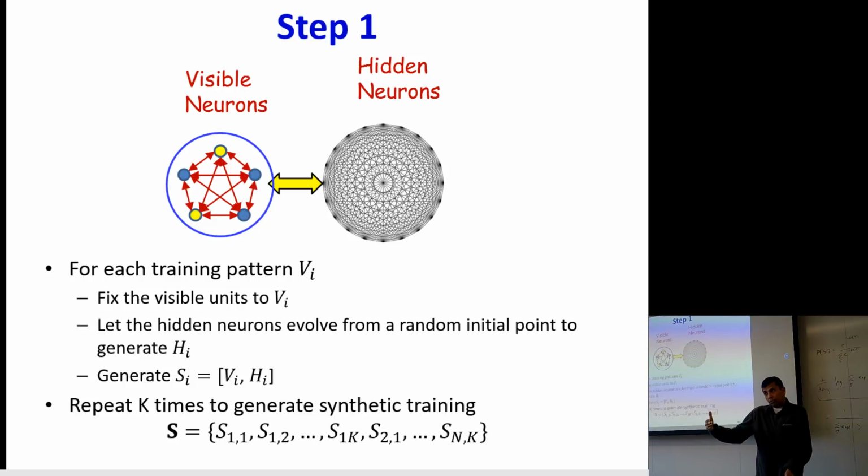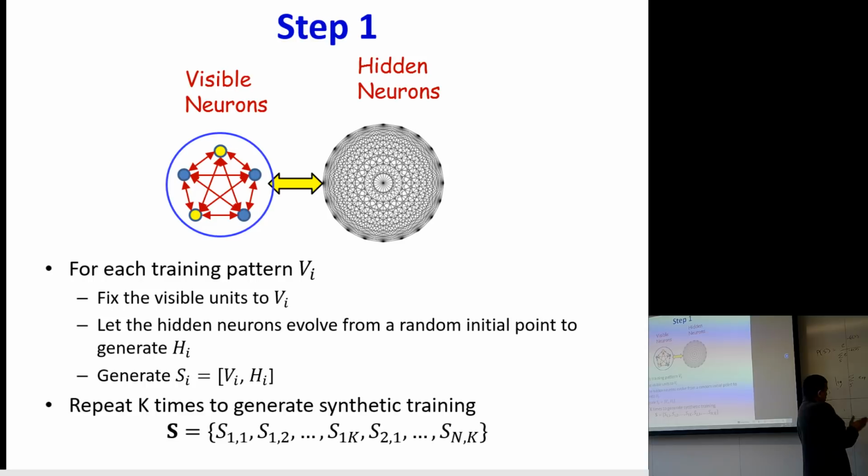The second component was the expectation of the products of pairs of bits over the distribution currently represented by the network, and you are using the difference between the two as your gradient, right? Now the first expectation itself is going to be hard to estimate because you have these hidden components. So for each training instance, you fix the visible pattern and let the hidden neurons evolve using exactly the same process that we just did.